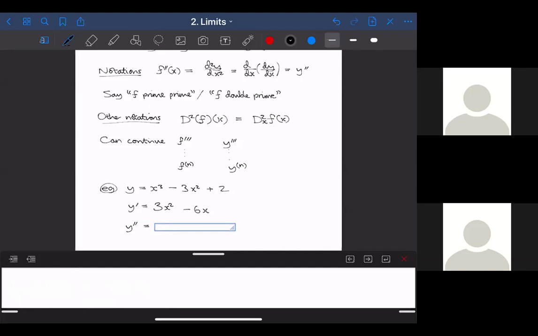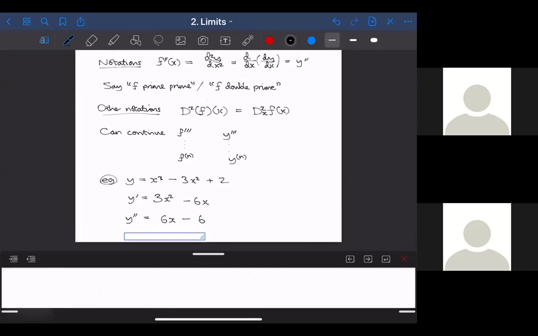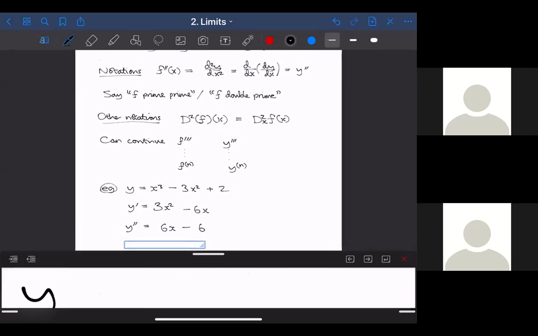So x squared, I multiply by 2 to get 6 and reduce the power by 1. 6x gives 6. And we can keep going. Y prime prime prime gives 6.